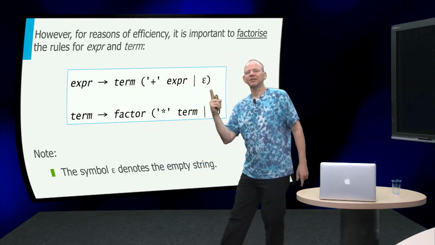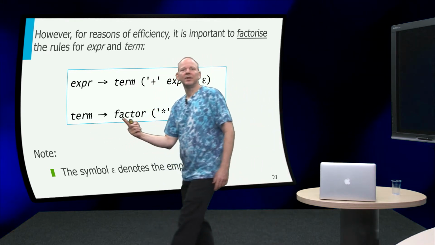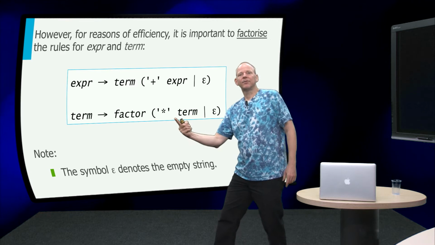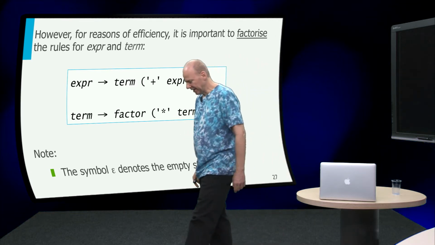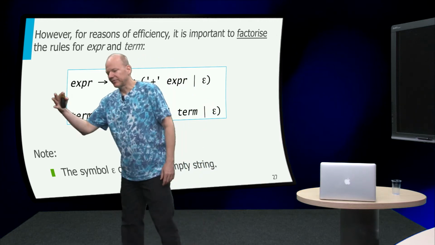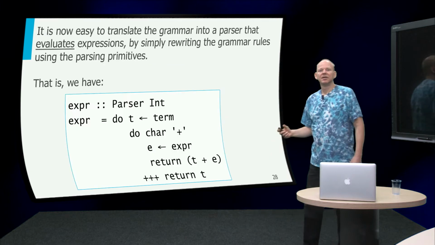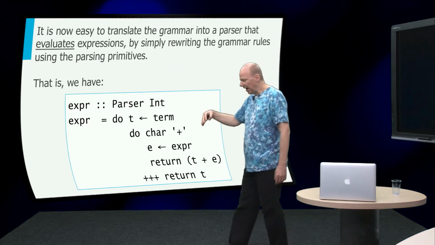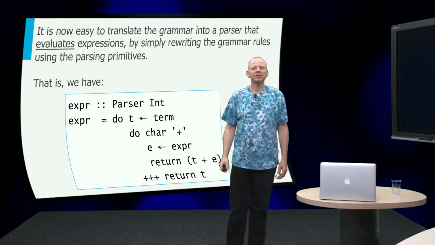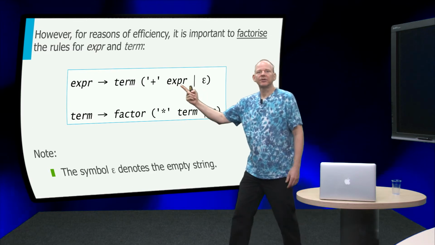This is the empty parser that doesn't recognize anything. And then a term is a factor, followed by star and a term, or again, the parser that only recognizes the empty input.